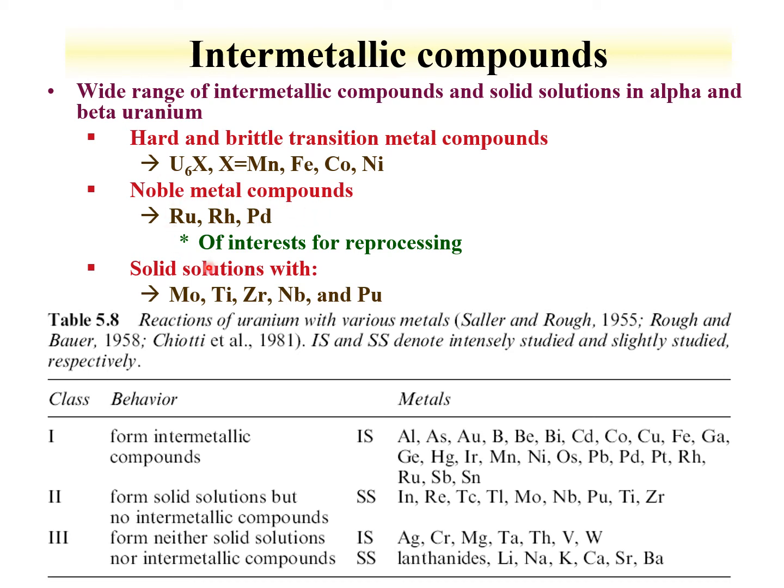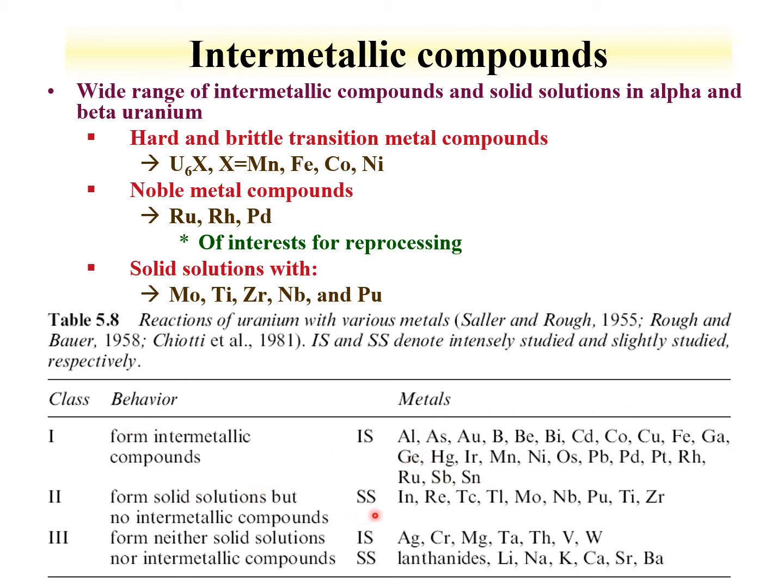Noble metals can also form compounds with these intermetallic compounds with uranium. And then as we discussed with the alloys, we get something that looks more like solid solutions. And here's a table that says what metals form those compounds. So intermetallics are formed with all these metals.